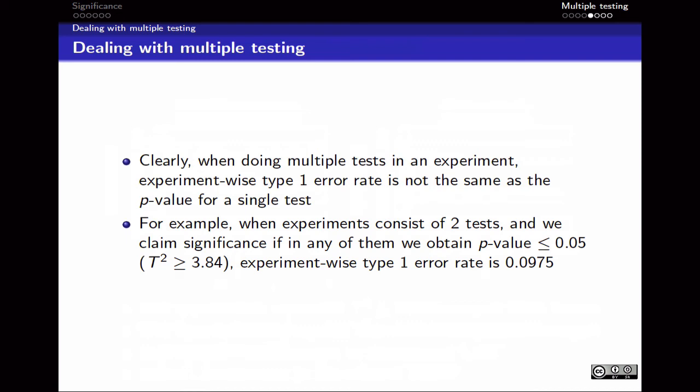So from these experiments we can clearly see that when you are doing multiple testing within the same experiment, the experiment-wise type 1 error is not the same as the p-value which you use for the single test. When experiments consisted of 2 tests, a p-value of 5% for a single test corresponded to an experiment-wise type 1 error of roughly 10%, and with testing 10 SNPs in a single experiment, this procedure corresponded to a type 1 error of 40%.